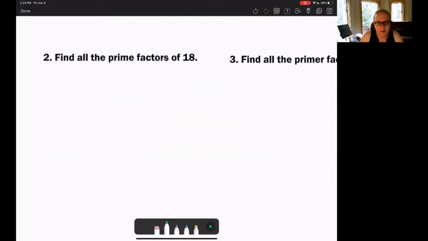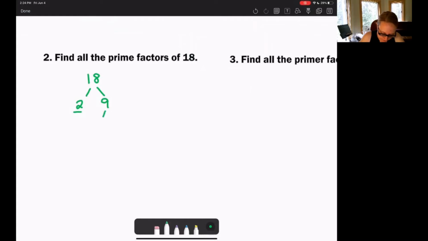Here we're asked to figure out the prime factors of 18. So we're going to write 18 at the top, and then we're going to ask ourselves, what numbers can we multiply together to get to 18? So we could do 2 times 9. I'm going to put those down as branches. And then 2 is already prime, so we've done that part of our tree already. 9 is not prime though.